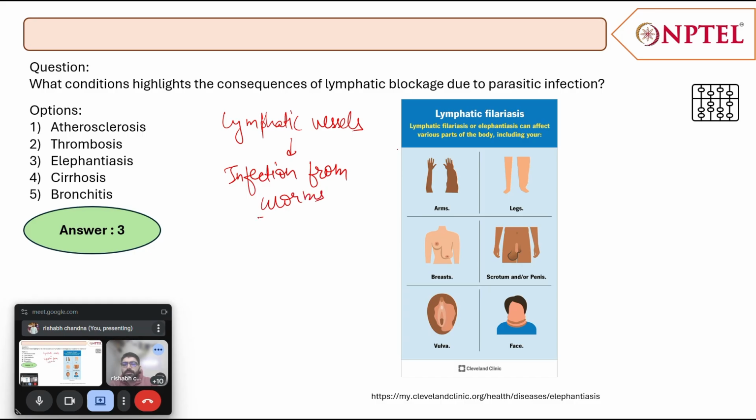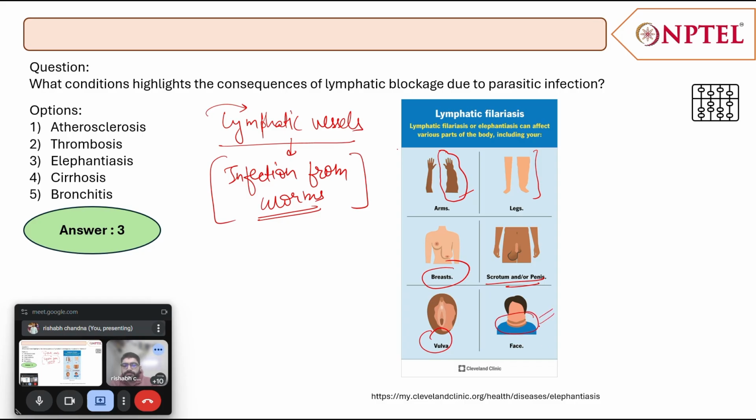Because of the infection from worms, these lymphatic vessels get blocked. Due to lymph accumulation, there is swelling in different parts of the body, for example the arms, the legs, the breast, the scrotum, the vulva, and the neck and the face.